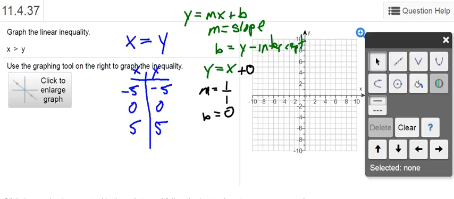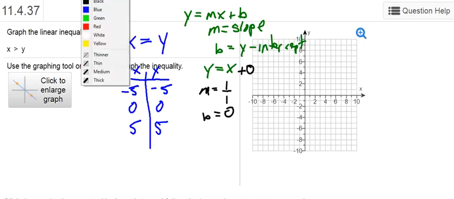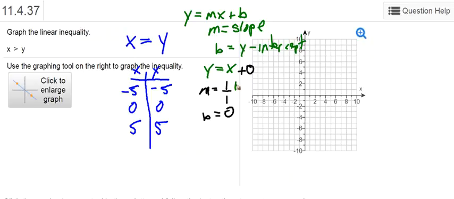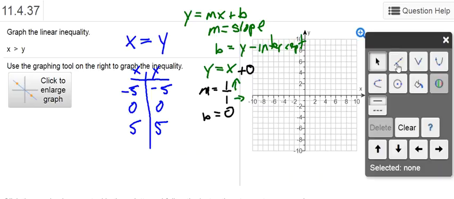I start at 0, go up 1 over 1, up 1 over 1, because that's what my slope indicates here. Up 1 over 1. Or I can select my individual points. Either method will get me the correct answer. Okay, so let's say I go ahead and start at 0. I go up 1 over 1. So my line looks like this.